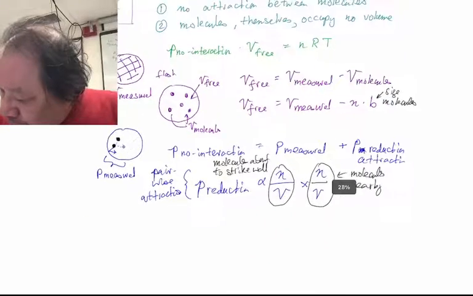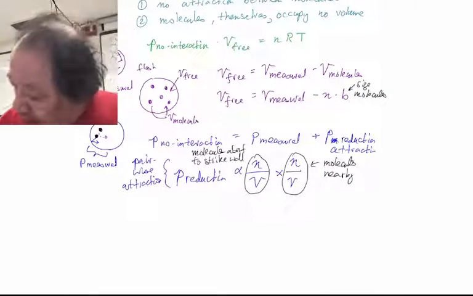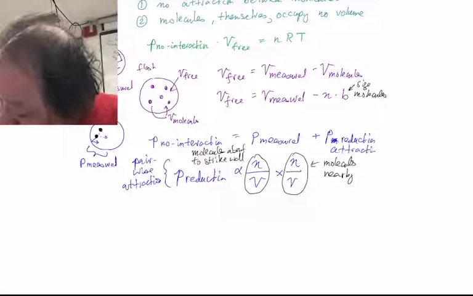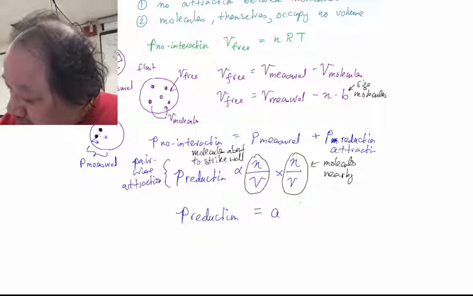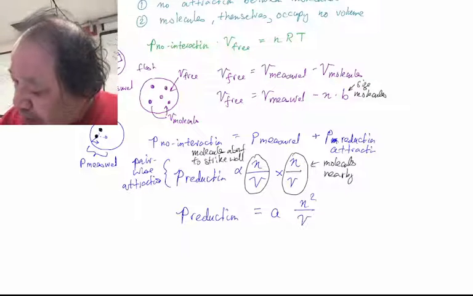We can turn the proportionality relation into an equality with a proportionality constant, which is always known as A. P reduction is A times n squared over V squared.